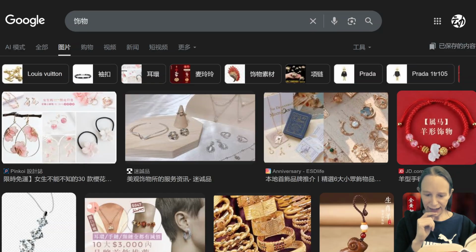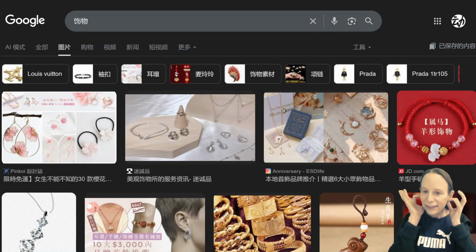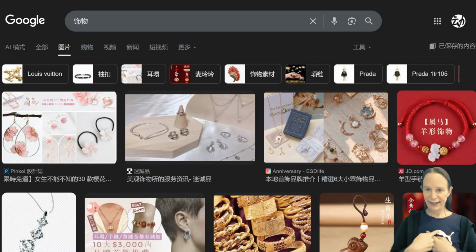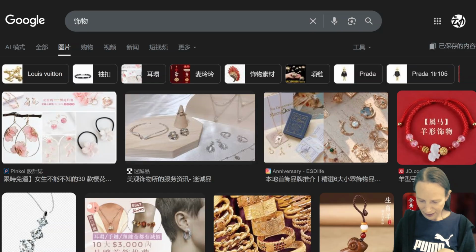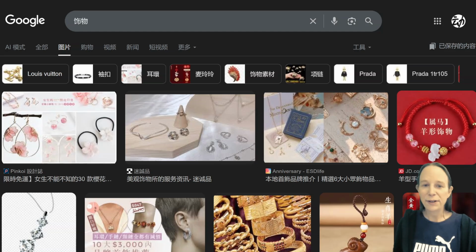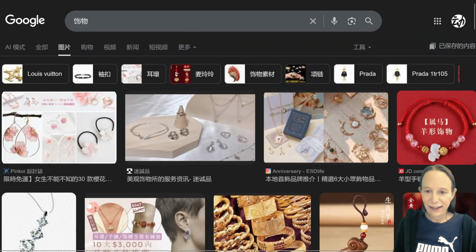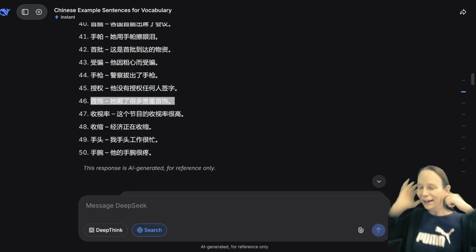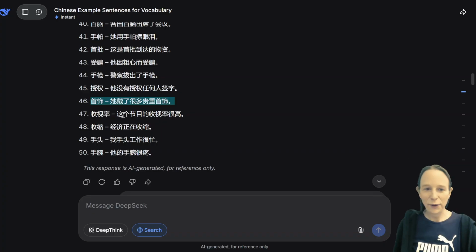So now it indicates 耳环 earrings, 项链 necklaces, 戒指 rings, 等 and so on. So yeah, my speculation and inference was actually correct this time.